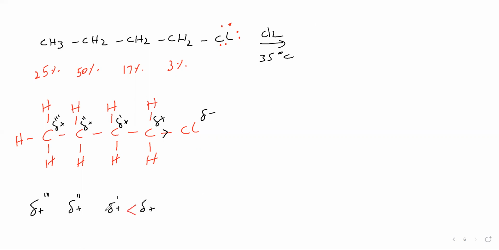Here more positive charge will be there. Order of positive charge will be like this. That means here inductive effect magnitude is more. Here inductive effect magnitude is less. Here still less. Here even still less.